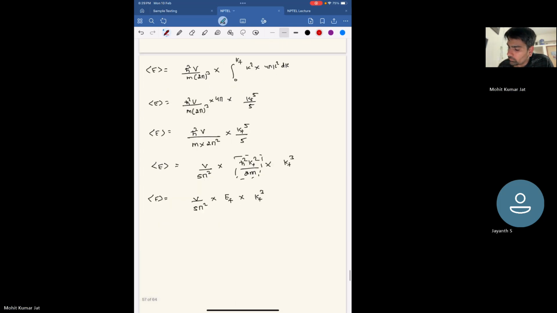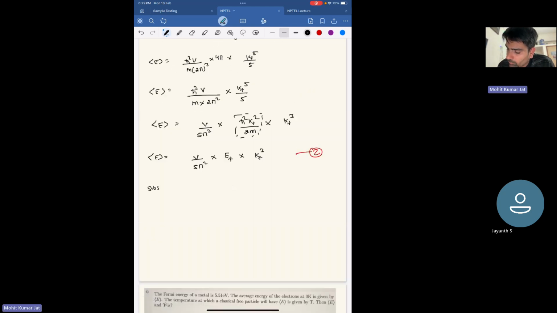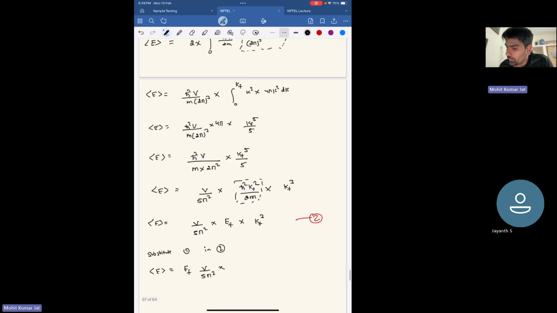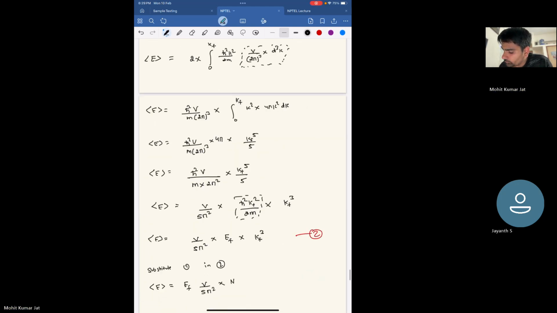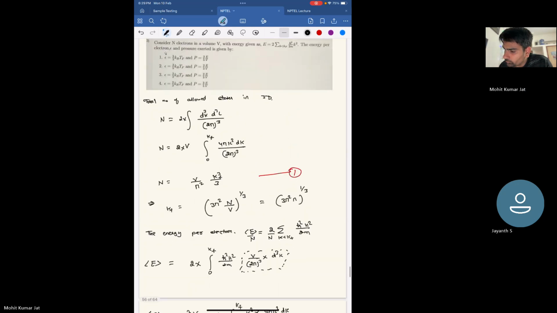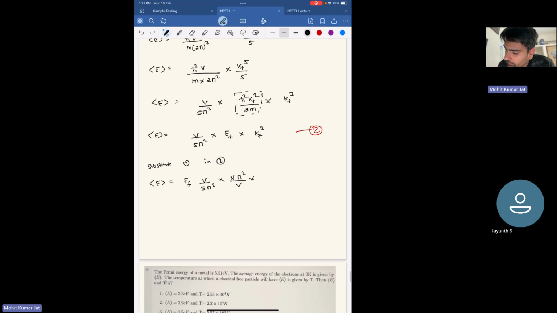Call this equation 1. Now substitute 1 into the equation. E will be V by 5π² EF times kF³, which is nothing but N times π² divided by V, multiplied by 3.